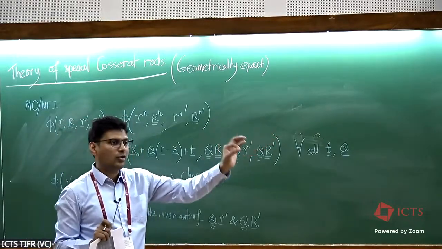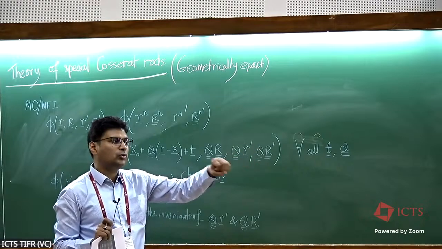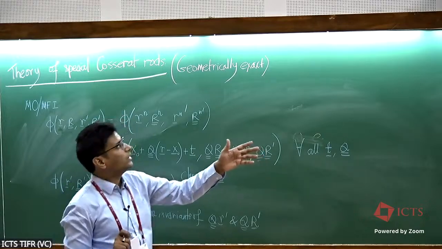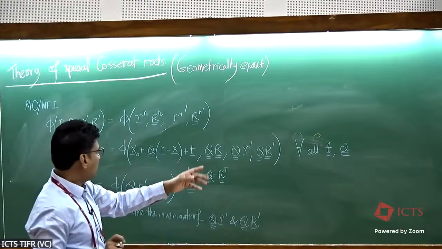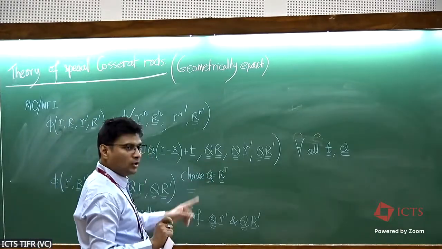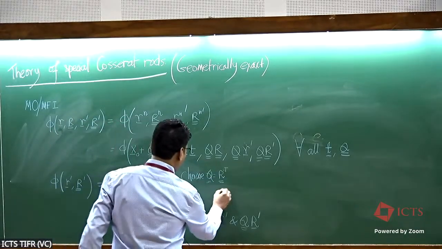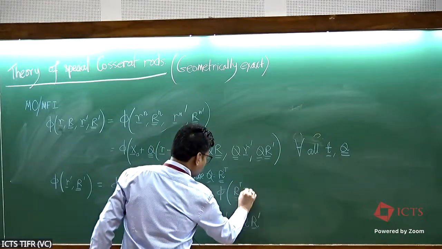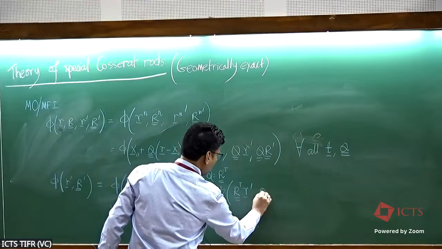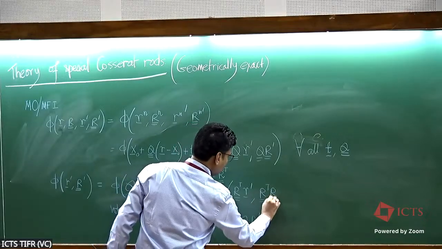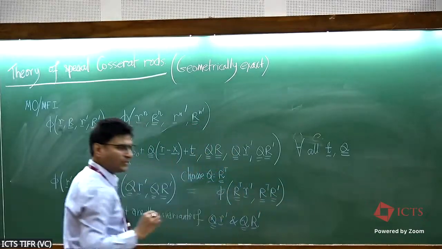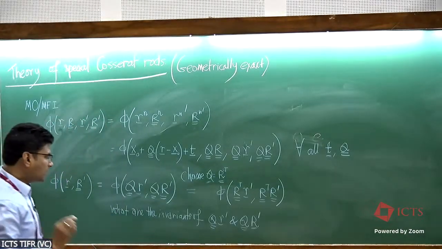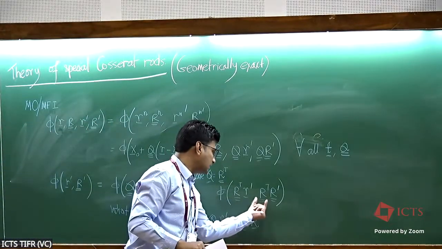Whatever is big R of S, take your Q to be the same big R of S, big R transpose, actually. If you do that, your phi is going to become big R transpose little r prime, comma, big R transpose big R prime. And it turns out, indeed, this combination is an invariant.